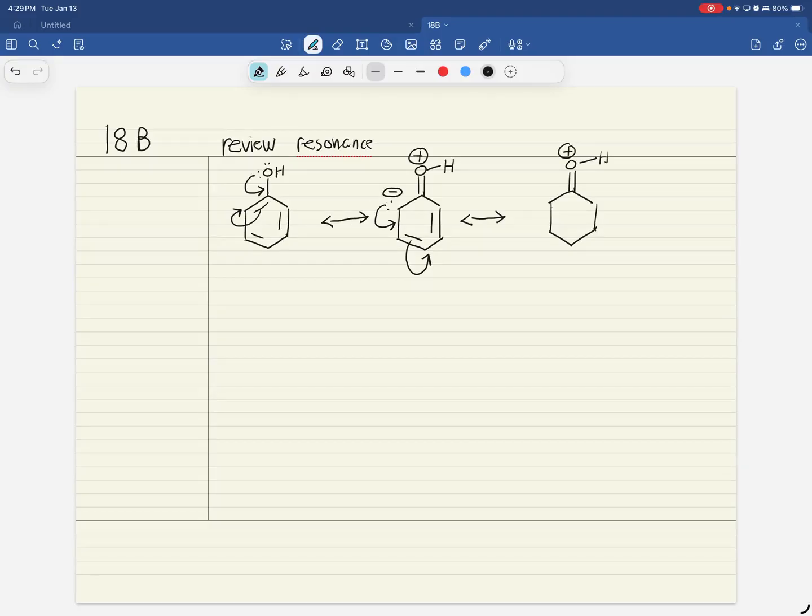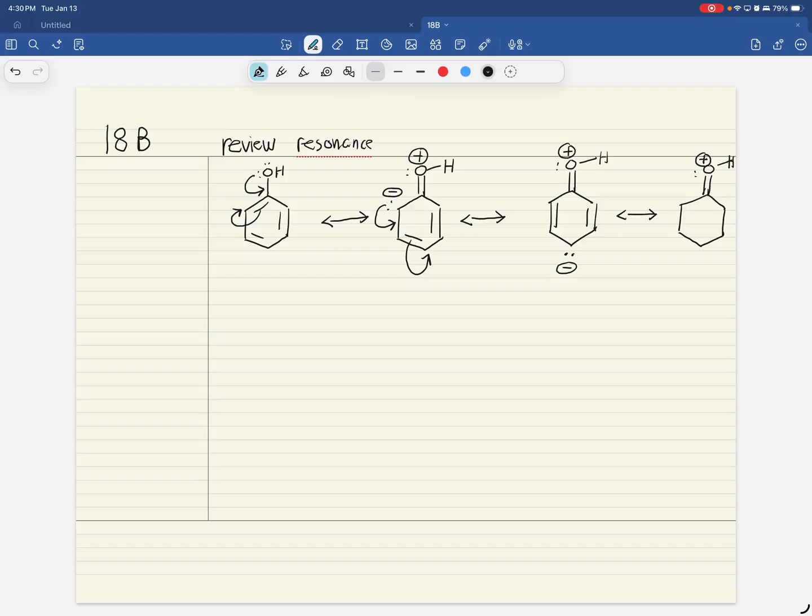But now, this is going to become a double bond, and then negative charge there. All right. So there's one more resonance structure we can draw. Where will the negative charge be in this next structure? In each of these structures, there's still a lone pair.